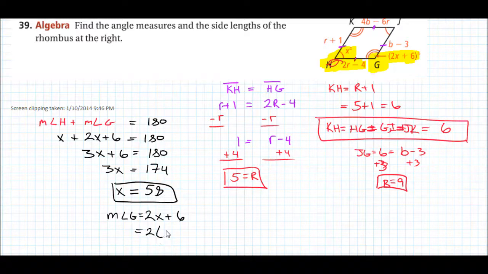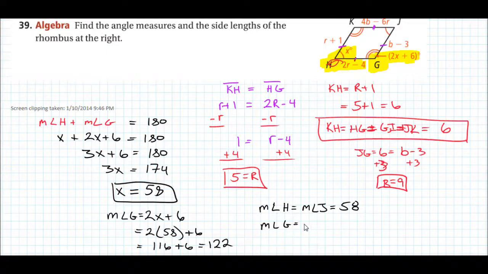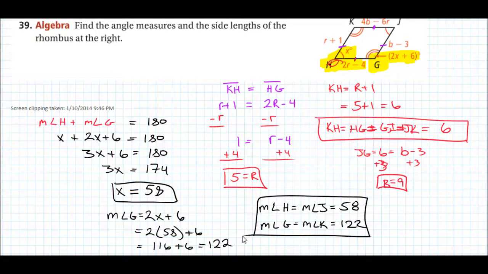Well, that'd be 2 times 58, which is 116, plus 6, which would be 122. So the measure of angle H is equal to the measure of angle J, which would be 58. The measure of angle G, which would be equal to the measure of angle K, would be 122. So we have a rhombus that has angles of 58 and 122 and sides of 6. And that, I believe, is your homework.